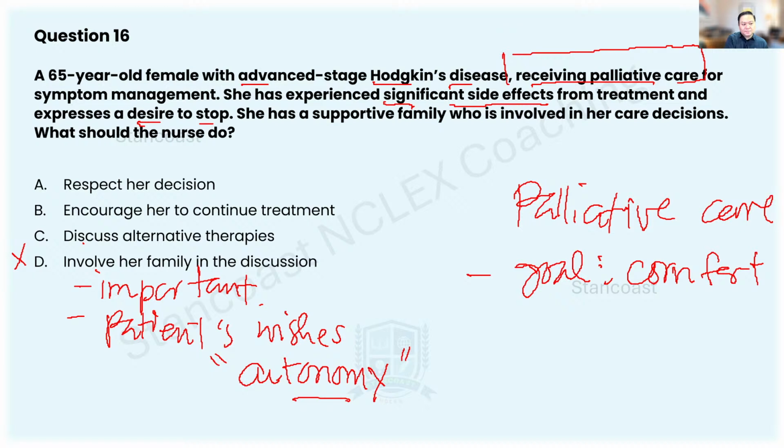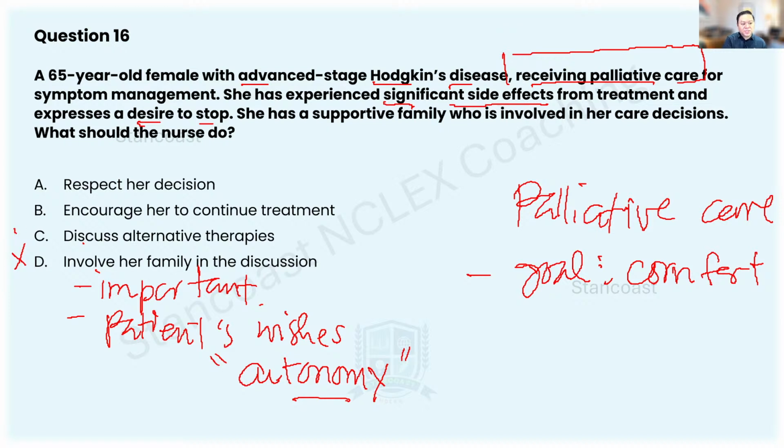Right? So this is our patient's decision. She needs to maintain that autonomy. So the decision will really be based on the patient's decision. We're not gonna base our decision, or let's say the medical provider's decision, on the family's decision. It's gonna be on the patient.